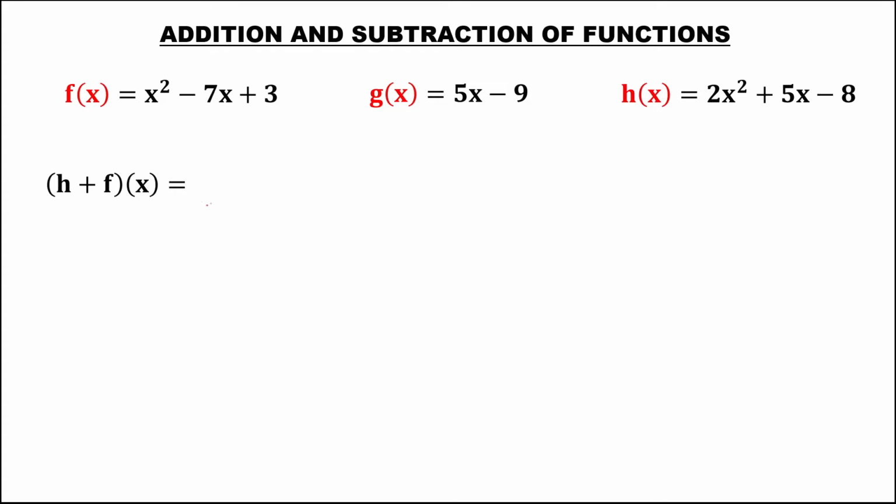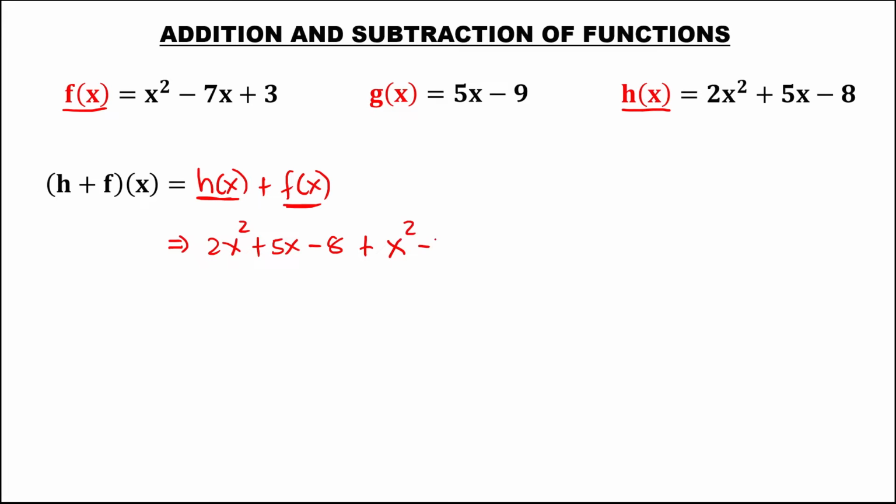Then for this given, this is equal to h of x plus f of x. Then substitute now the value for h of x. Since h of x is equal to 2x squared plus 5x minus 8, then plus f of x, and f of x is equal to x squared minus 7x plus 3.